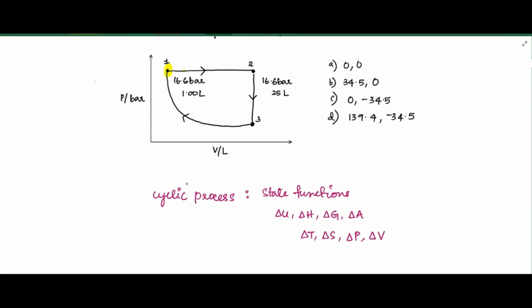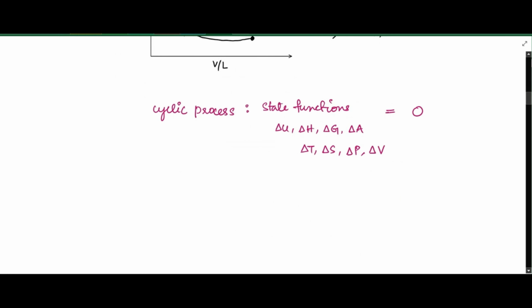So if you are given a cyclic process, the total change in a state function will be equal to 0. Okay, it's a very well-known rule: if you have a cyclic integral of any state function, this is going to be 0.